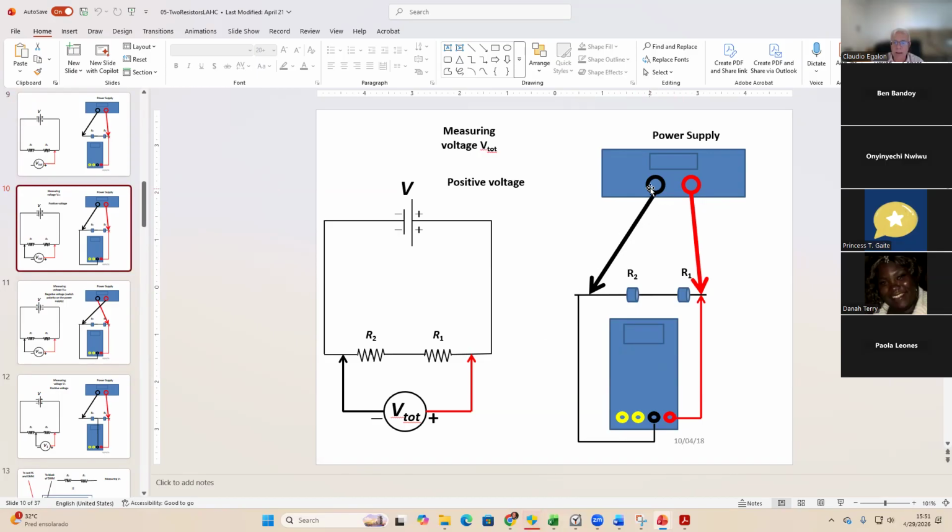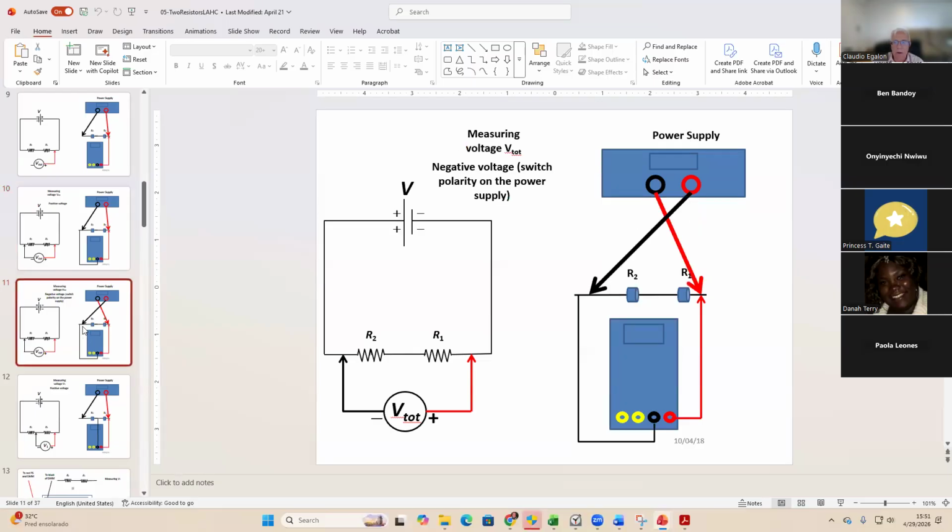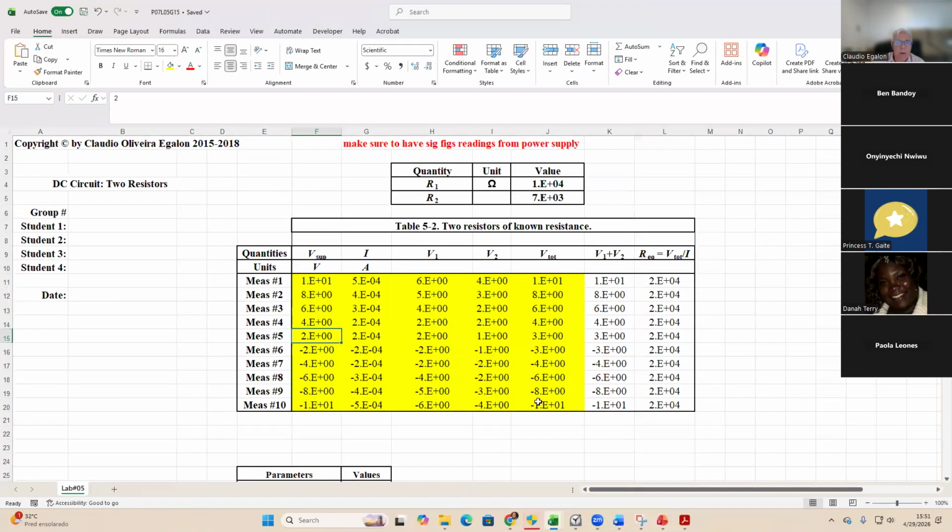This point is exactly the same as this one, and this point is exactly the same as this one, because we have a conductor here. There is no loss of electric potential along the conductor; it is an ideal conductor. We invert the polarity and we take the negative values. That's what we're doing here.